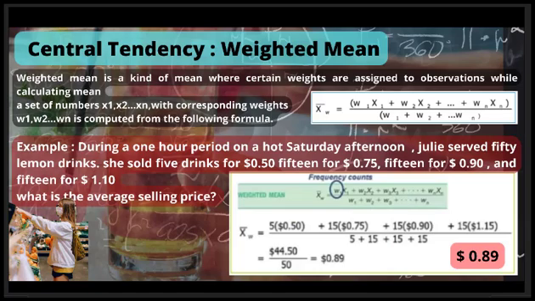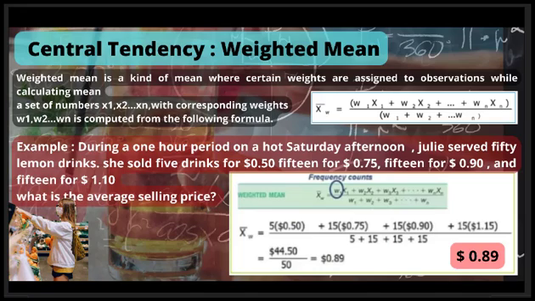Different numbers of lemon drinks are sold at different prices, so that is the reason you need to use the weighted mean to identify the average selling price. So this is on the mean. To summarize what we have learned on how to calculate a mean, we should be careful about the outliers when we are calculating the mean.